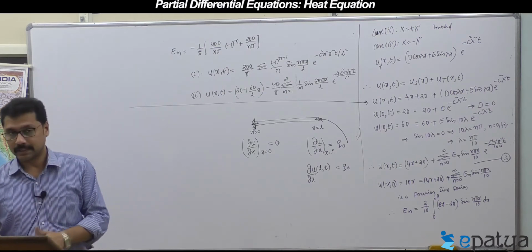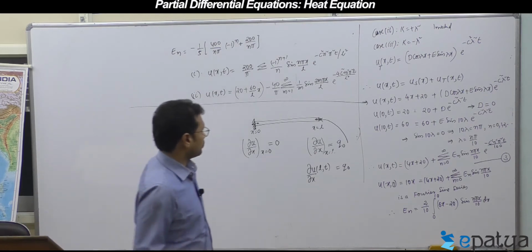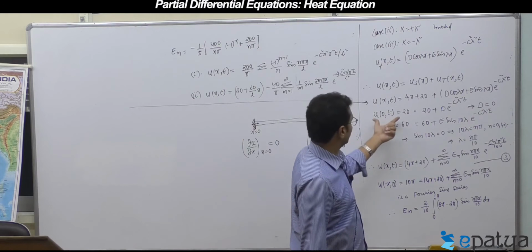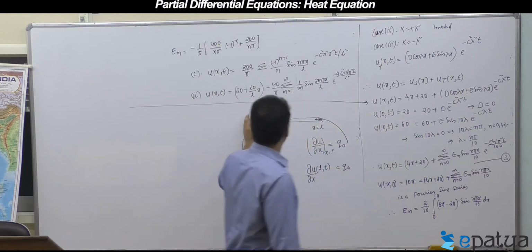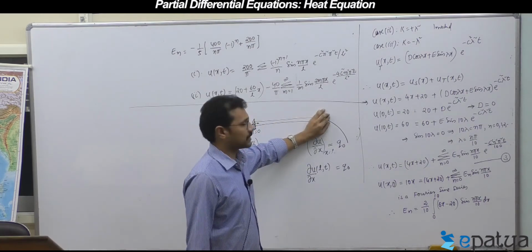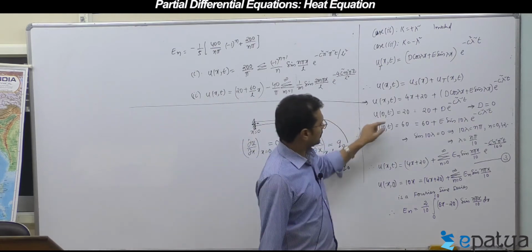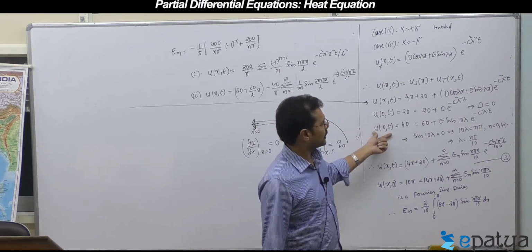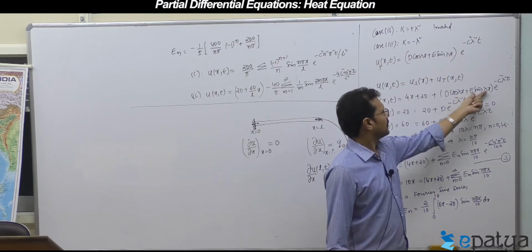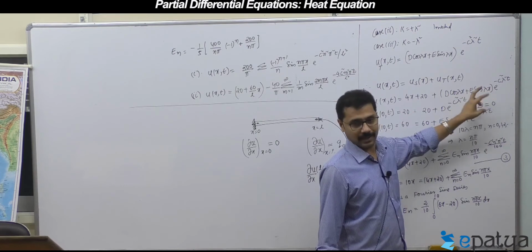Now, in all these scenarios, if you look at the conditions, suppose some temperature is maintained here, flux is there here, or it is insulated here. When insulation is there, for this condition you will go with dou U by dou X. When you differentiate sin lambda x, you get cos lambda x.